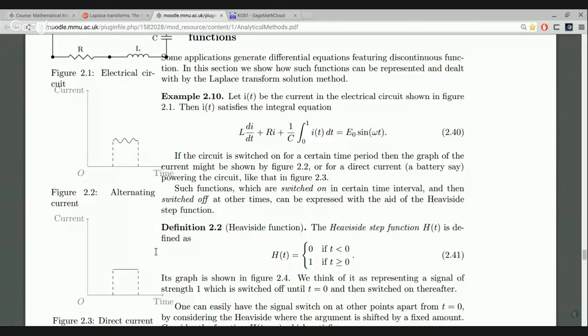Well, if you just consider the function 1 plus cosine of t, cosine of t is a smooth signal that's varying between plus and minus 1. So when you add 1 to it, it lifts it all up by 1 unit, so it would be a smooth signal varying between 2 and 0.